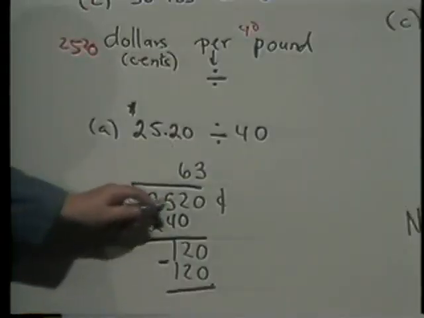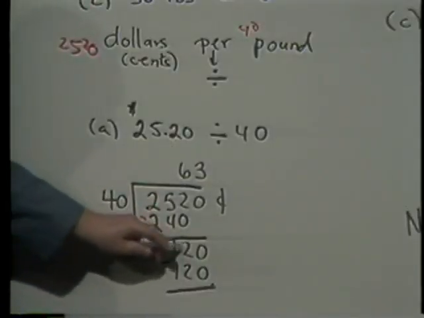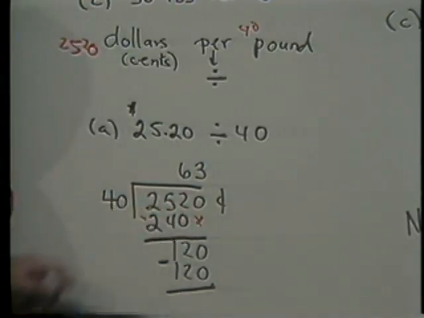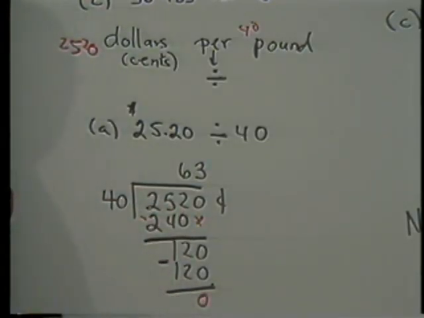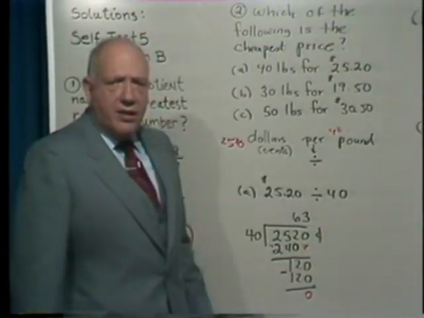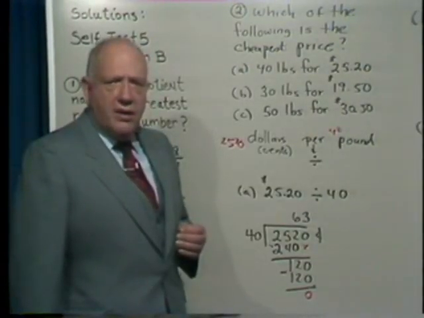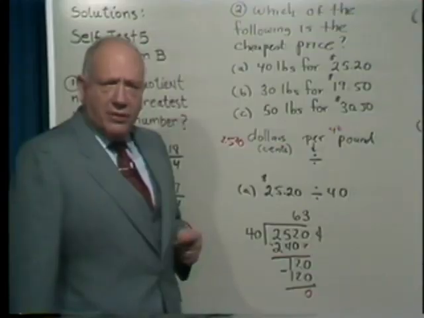Well, 40 goes into 252 6 times. 6 times 40 is 240. We subtract, we get 12. Bring down the 0. 40 goes into 120 3 times. No remainder. Therefore, the first rate comes out to be 63 cents a pound. That would be called the unit price. See, the unit in this case is a pound.